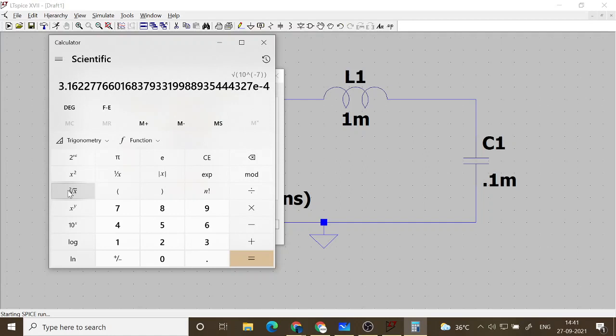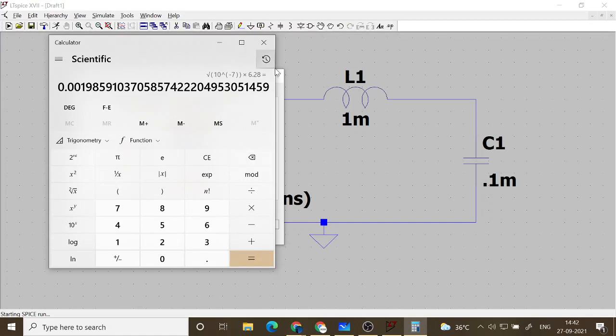Okay, so root LC is this, then into 6.28. So that is this. So this is how much? This is basically 1.98 millisecond.